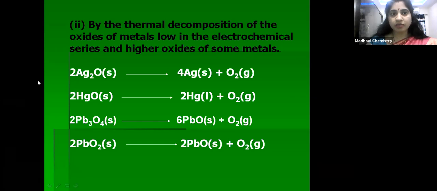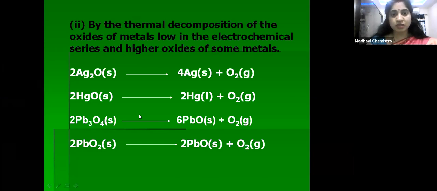Another method is the thermal decomposition of higher oxides of some metals. See here, Pb3O4, PbO2. These are higher oxides. When these higher oxides undergo thermal decomposition, they also give oxygen. So these are the laboratory methods.